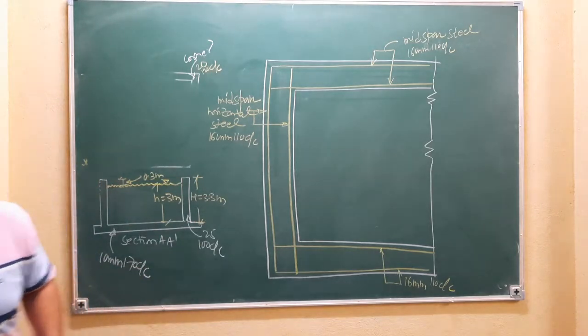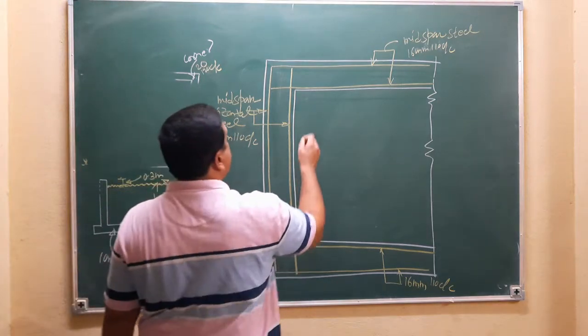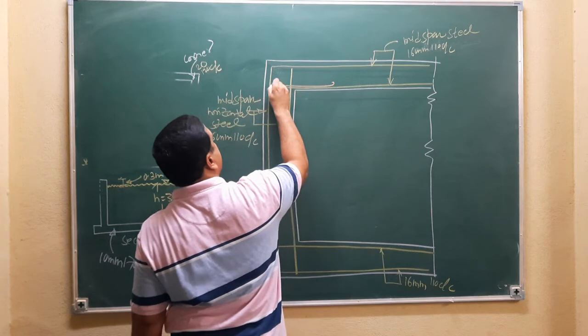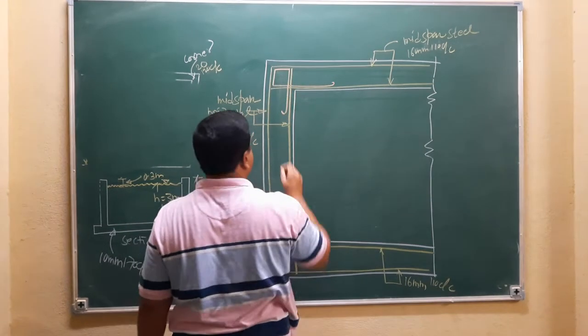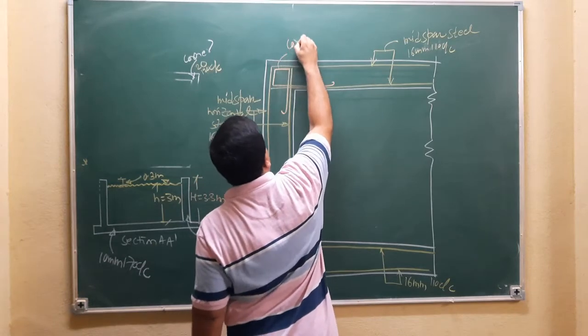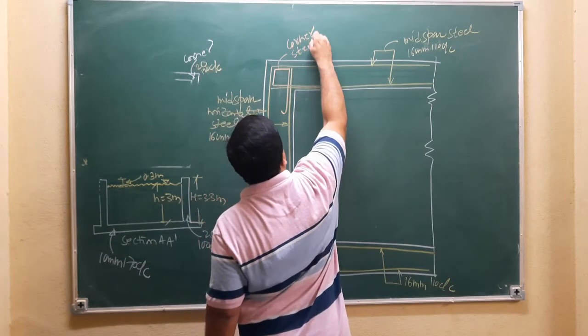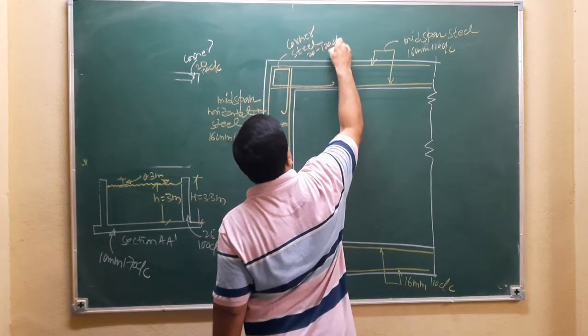Now what is the corner steel? So corner steel you have to provide like this, only in hook manner, in the form of a hook like this, hairpin type. So this is the corner steel. It is 20 mm diameter, 120 centimeters.